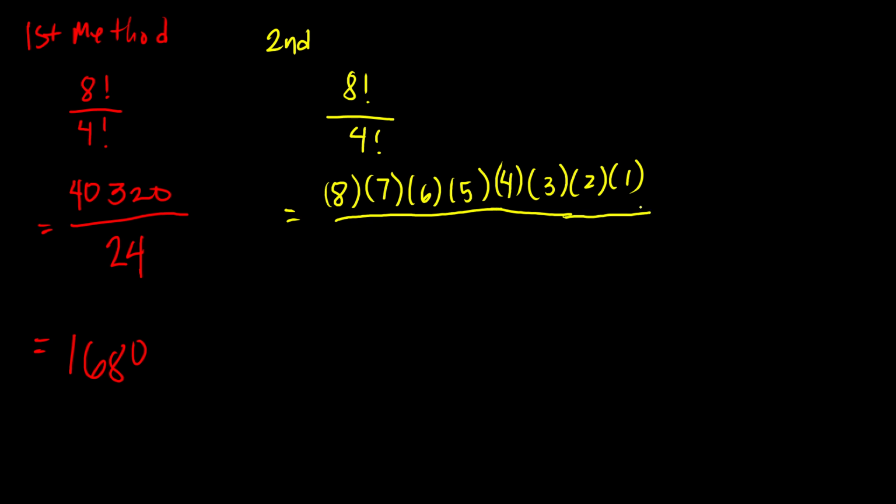So, 8, 7, 6, 5, 4, 3, 2, 1 divided by 4 factorial, it is equal to 4 times 3 times 2 times 1.